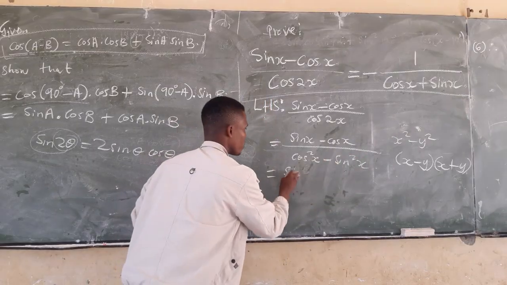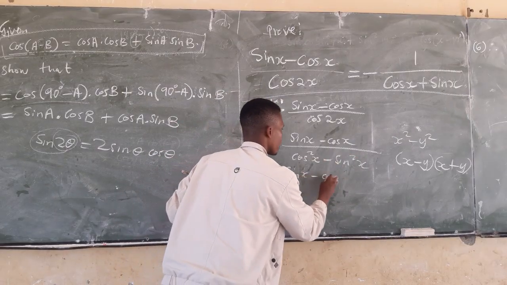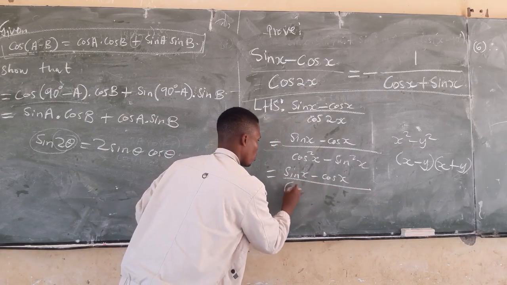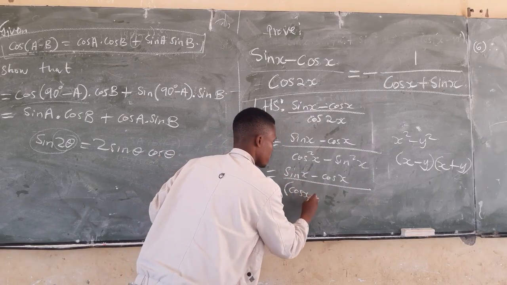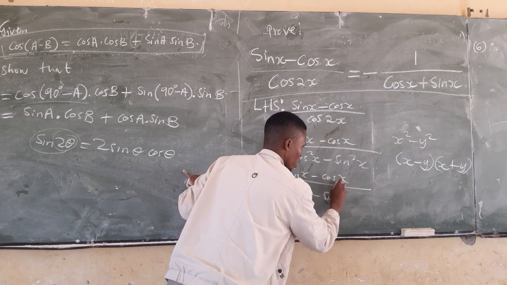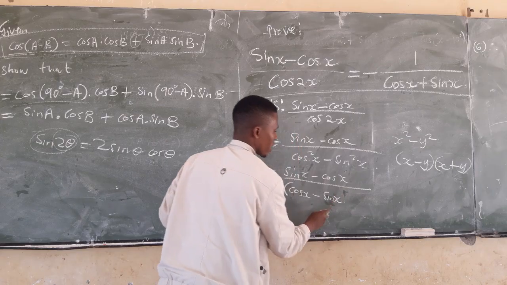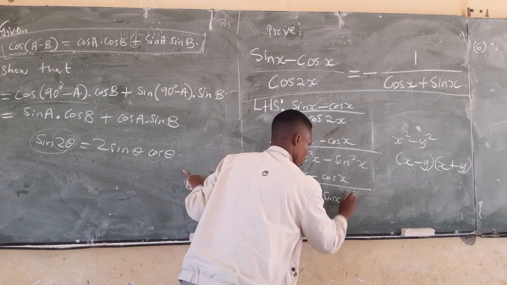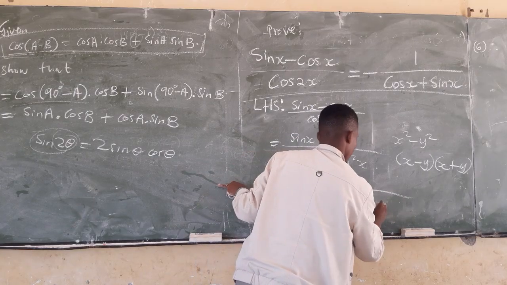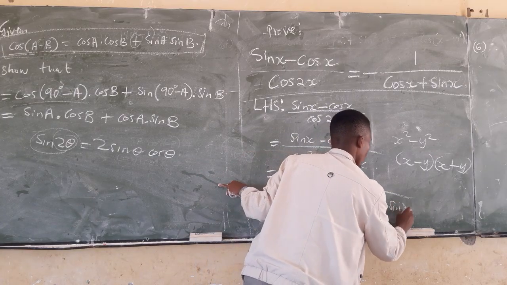So now let's work it. Sine x minus cos of x over, we have cos of x minus sine of x, into cos of x plus sine of x.